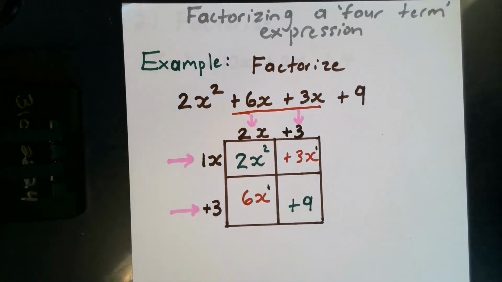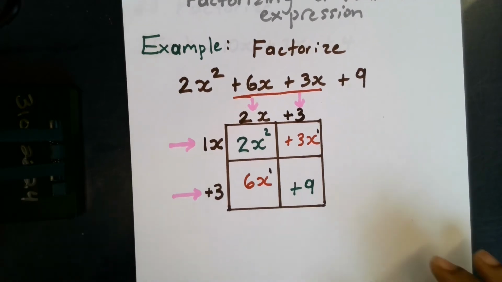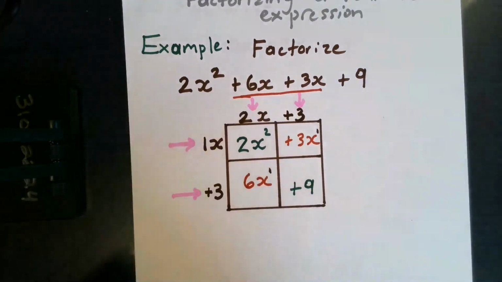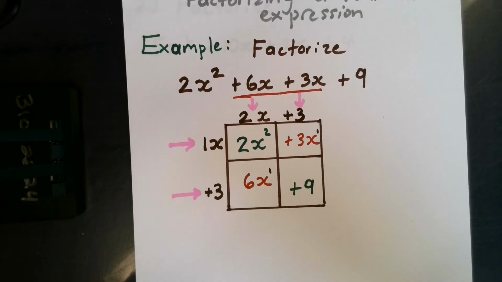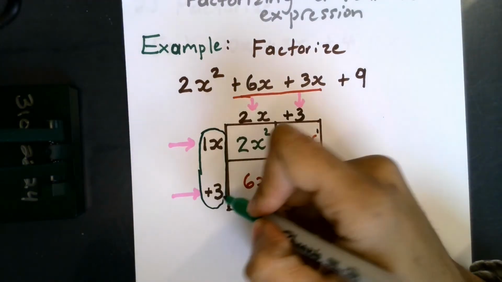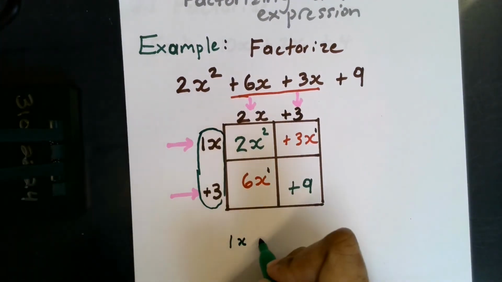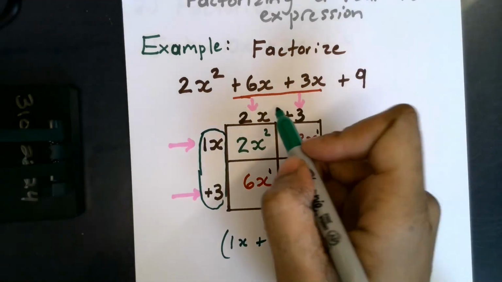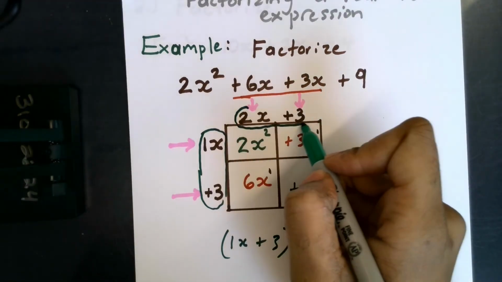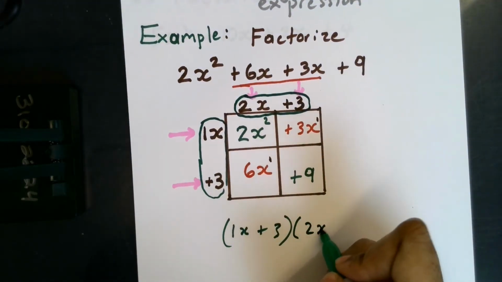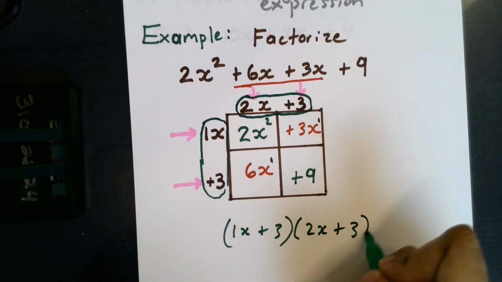So our answer is, let me use a different color. Our answer is 1x plus 3 and 2x plus 3.